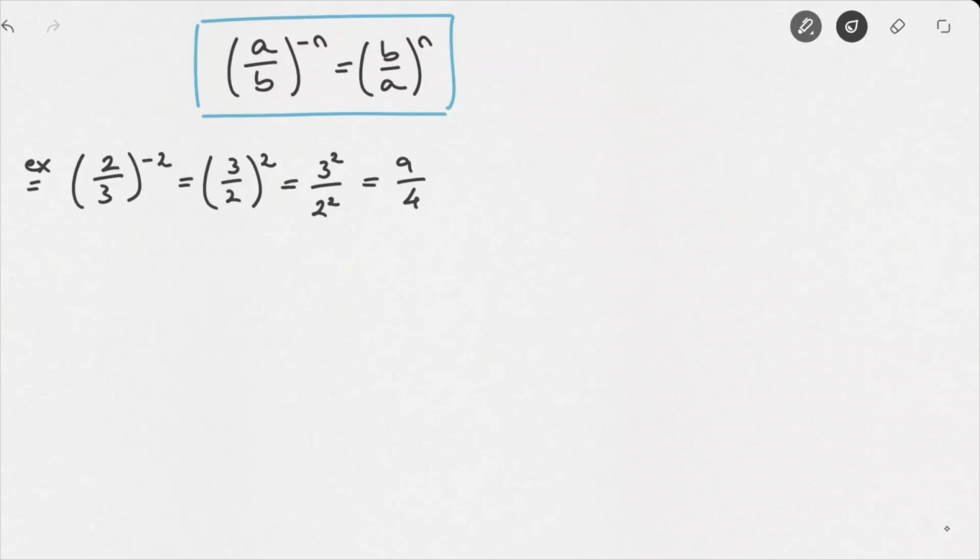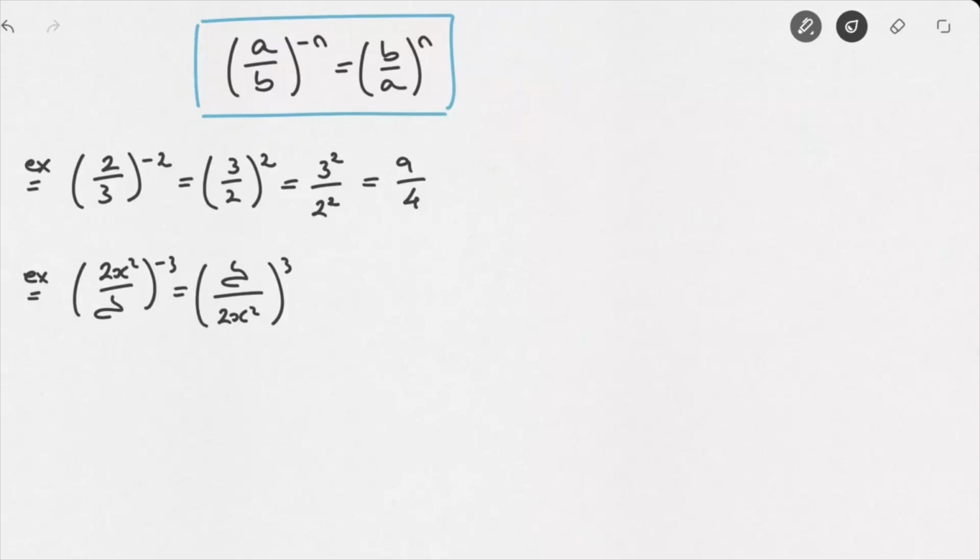Let's look at another example. Let's say we're asked to simplify the following: 2x squared over y raised to the power of negative 3. Well, once again, we can see that we have a negative exponent here, and so we can go right ahead and state that this equals y over 2x squared raised to the power of 3.